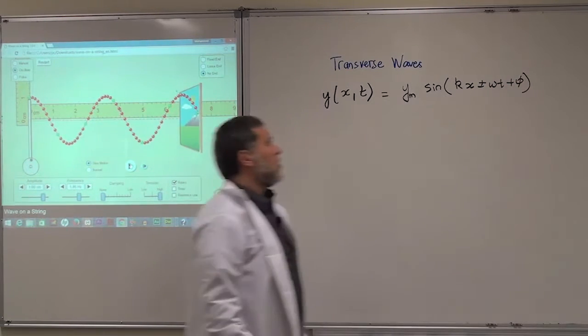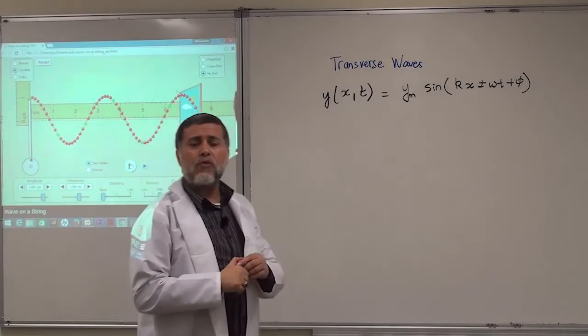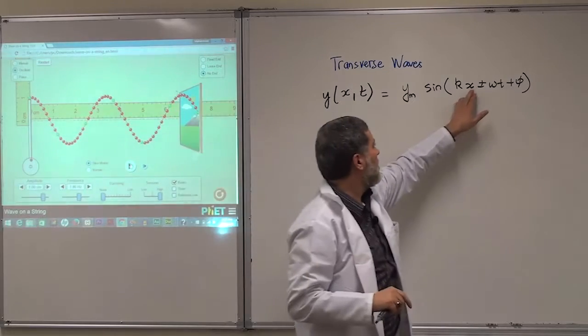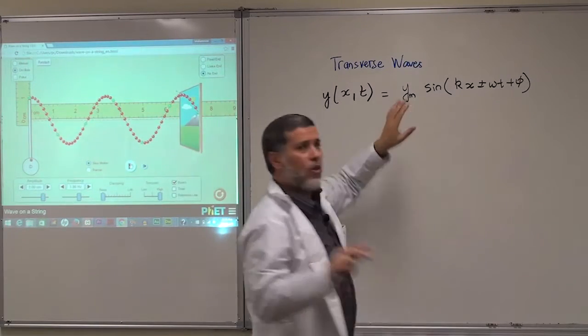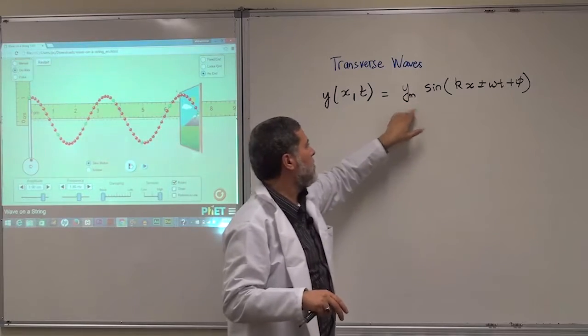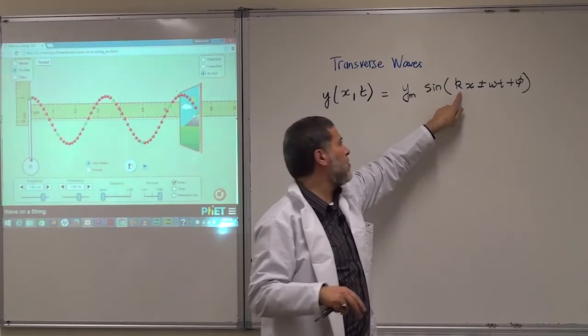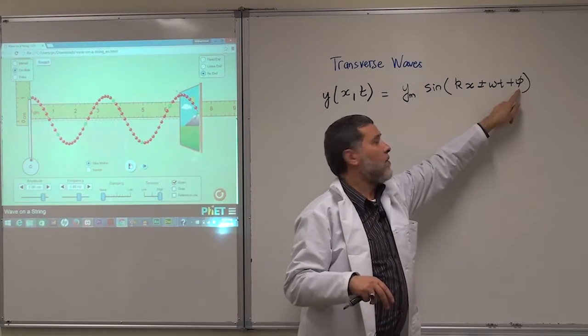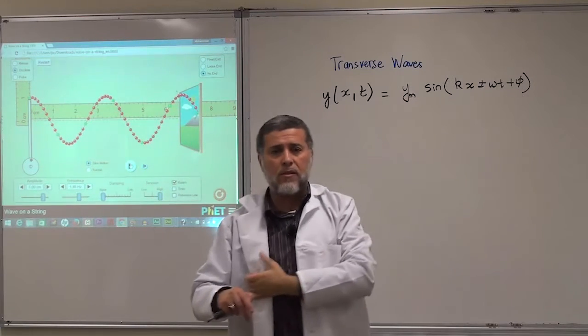Let's now define things. There are things which are constant, and there are things which are varying. The things which are varying are x and t. The things which are constant are ym, k, which is called the wave number, omega, which is called the angular frequency, and phi, which is called the phase constant.